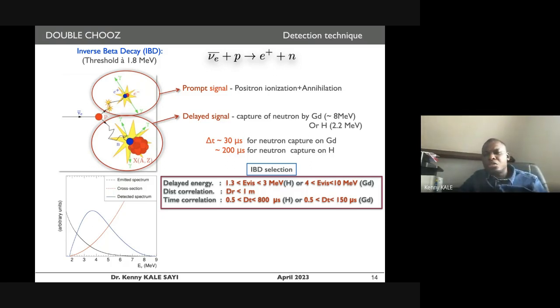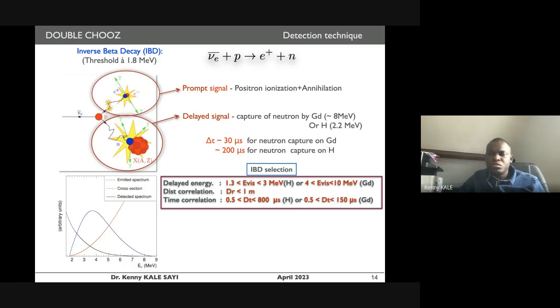How do we detect neutrinos? When you have a nuclear power plant, inside of it you have what we call beta decay. I don't know if everybody knows about beta decay. Maybe I will say a few words during the questions. Beta decay is the transformation of a neutron becoming a proton.